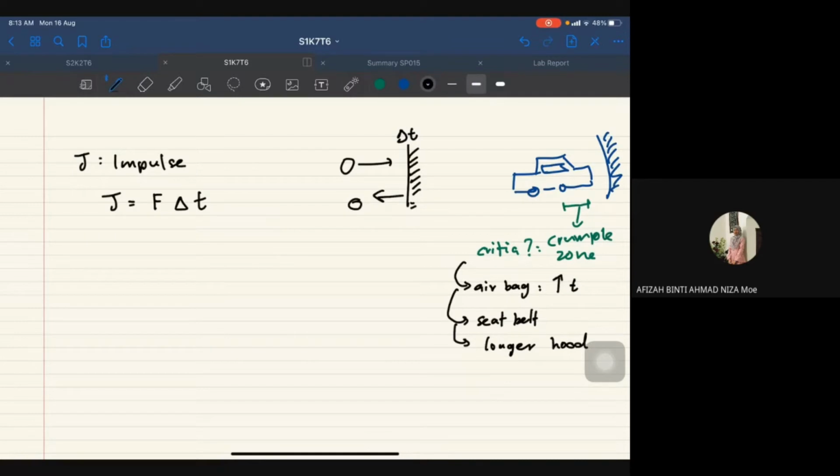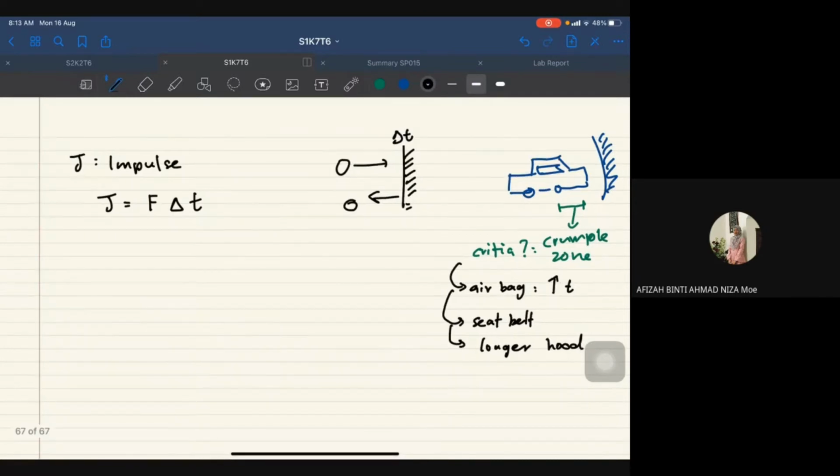So what happens is that J here is actually equal to the change of momentum. Okay, so it really depends on the velocity. So P here means momentum, delta here means change. So this one is the change in momentum, which is basically final velocity minus initial velocity.